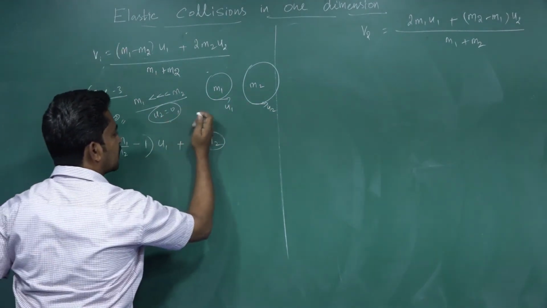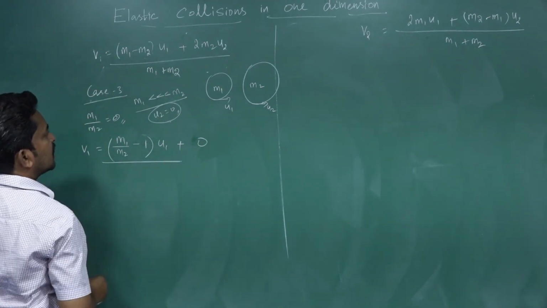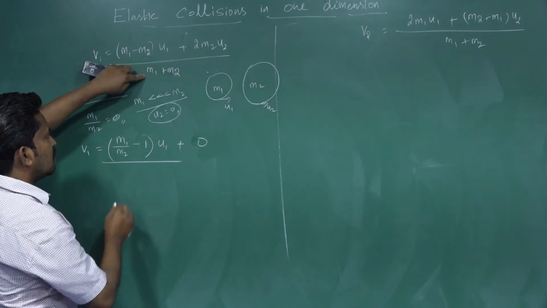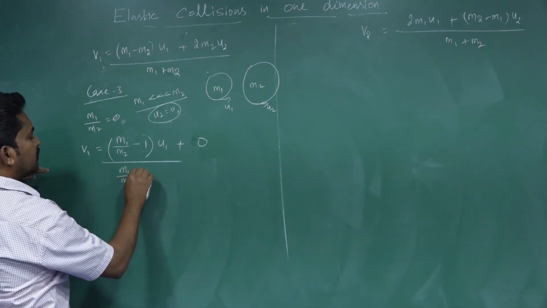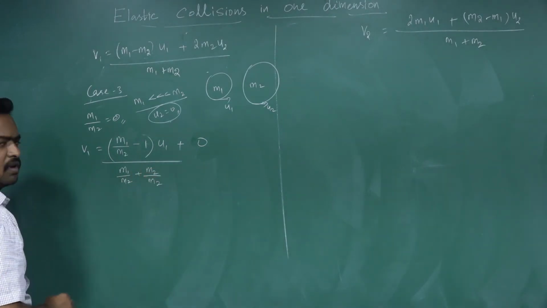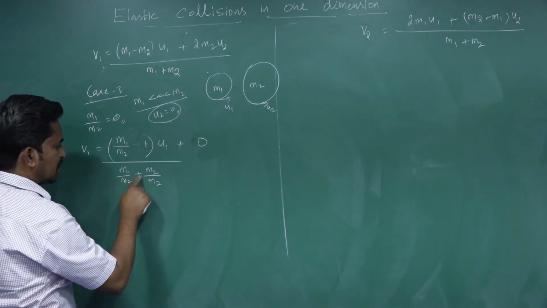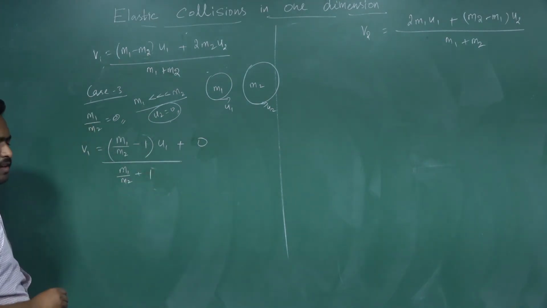The denominator becomes m1 divided by m2 plus m2 divided by m2, which is equal to 1.